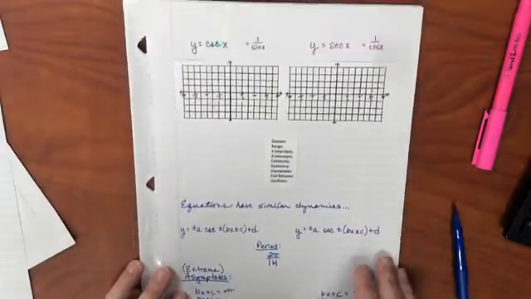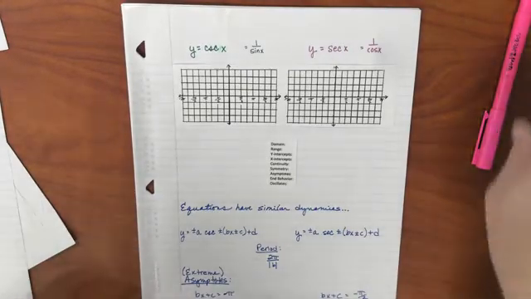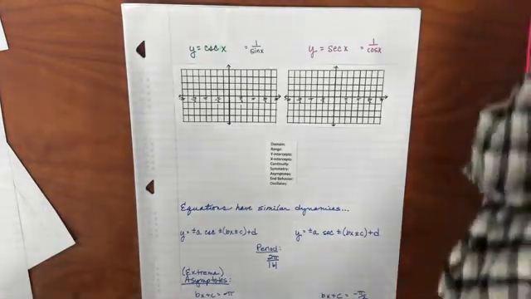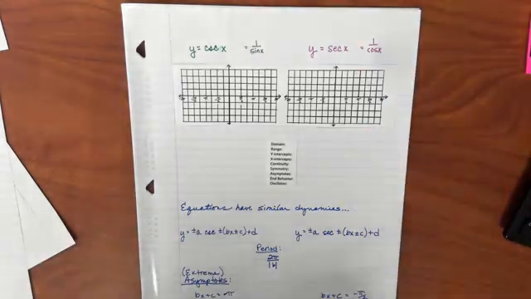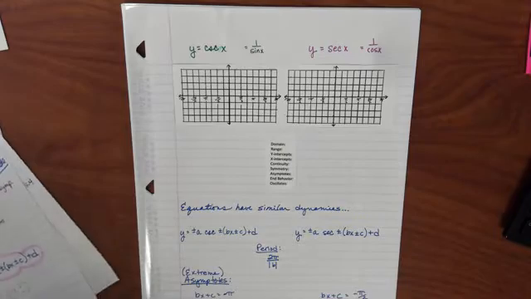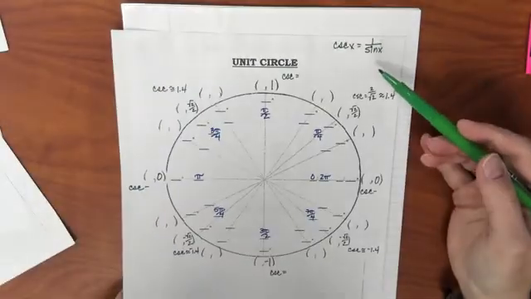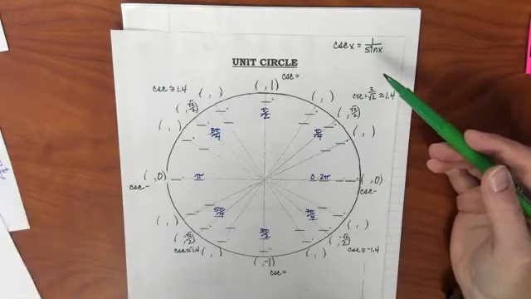All right, let's look at secant and cosecant. When you do cosecant and secant, you need to remember that they are the reciprocal functions of sine and cosine. So let's start with cosecant. Cosecant is 1 over sine. So let's look at those values.